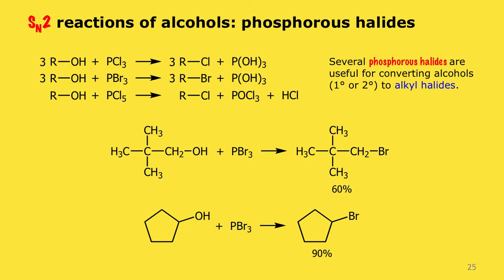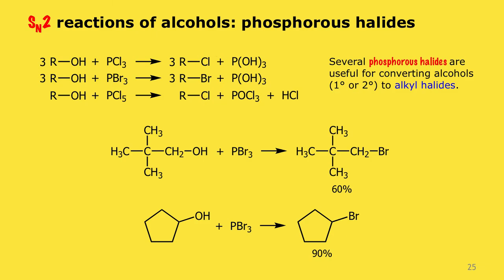Other reagents that can be used to convert alcohols into alkyl halides are phosphorus halides, and there are a number of these: phosphorus trichloride, phosphorus tribromide, phosphorus pentachloride. These are all compounds that react readily with primary and secondary alcohols and convert them into the corresponding chlorides and bromides.